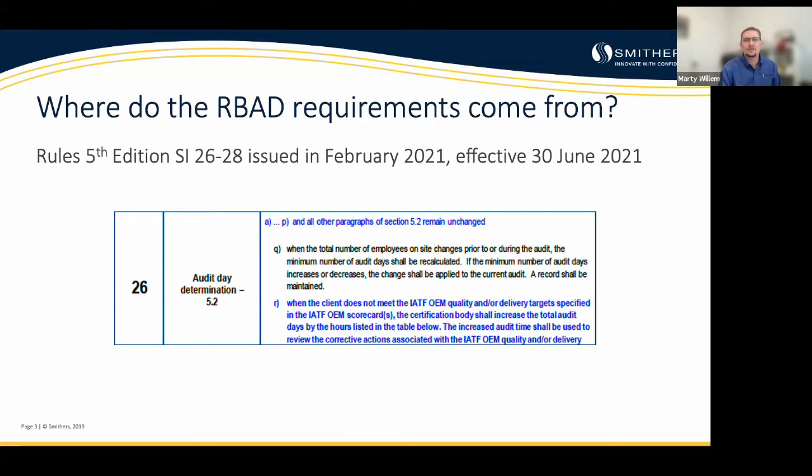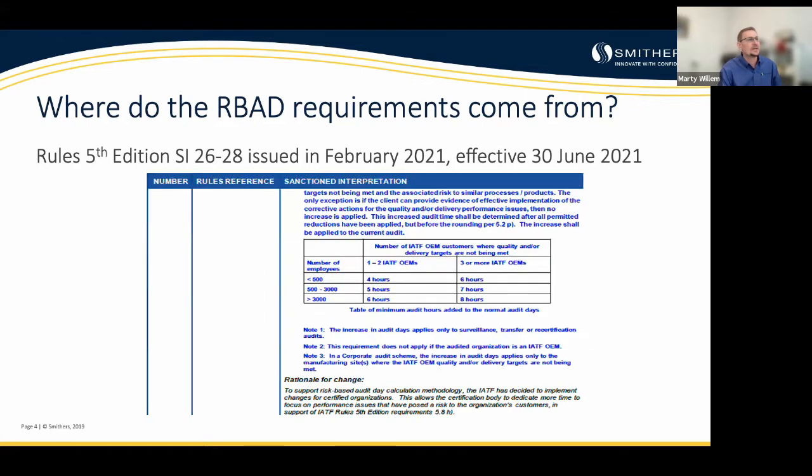and delivery metrics. So what they're looking for is an increase in audit time based on the risk associated with what the client is actually doing in terms of supply of quality and products and on-time delivery.